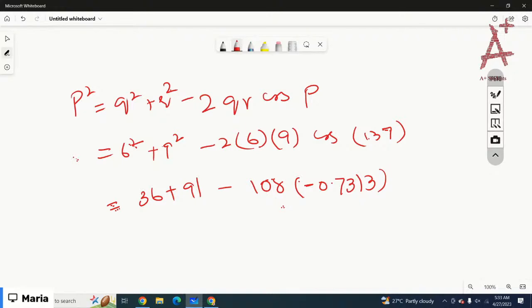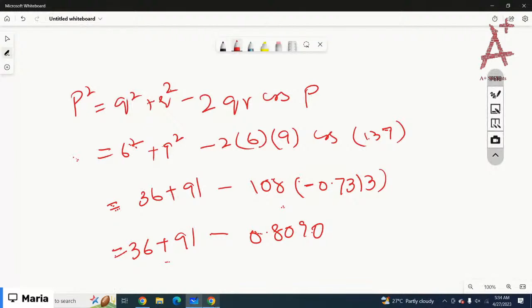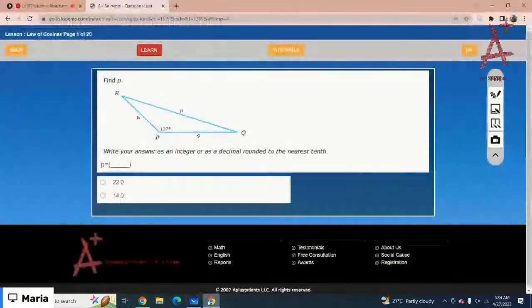So it would be 36 plus 91 and minus 0.8090. Okay, 36 plus 91 equals 127, and 127 minus 0.8090, it would be 126, and square root 126 is 11.22.